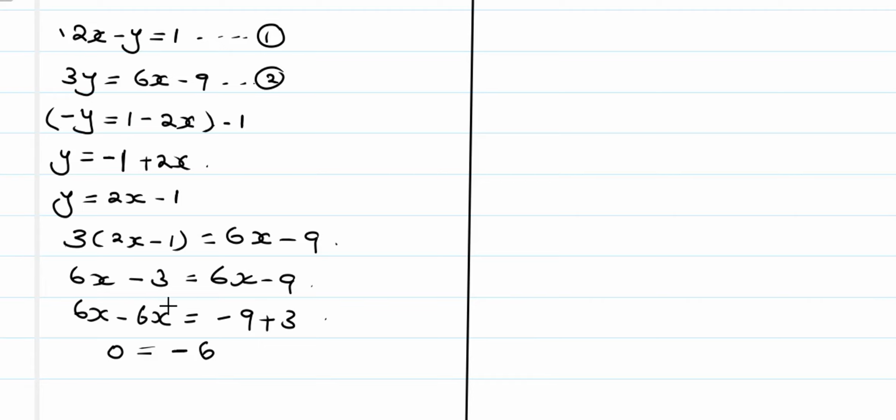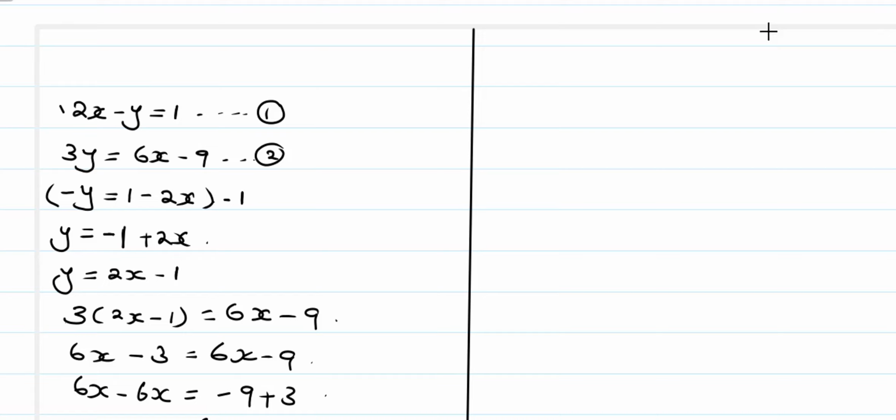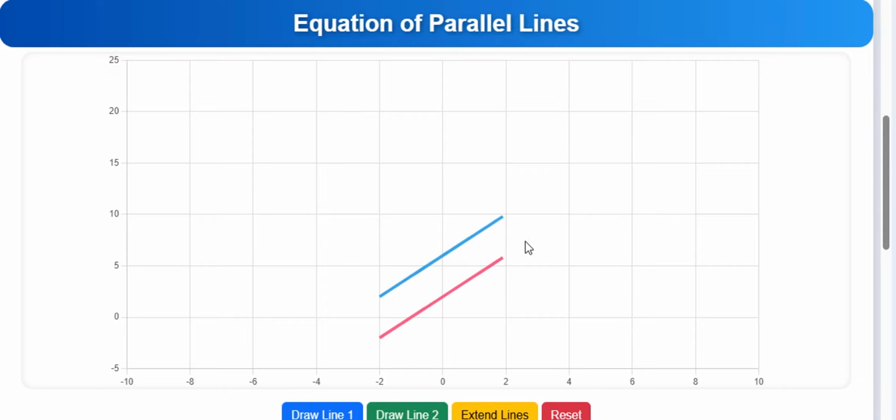So, if you get a solution like this, what it means is these two equations are parallel. These are parallel lines, they look like this. Parallel lines are lines which will never meet. However much you extend or extrapolate them, they will never meet. And in this case, the equations have no solution.